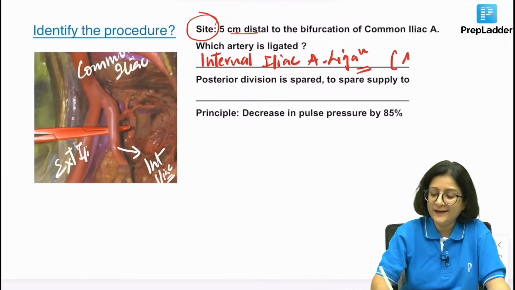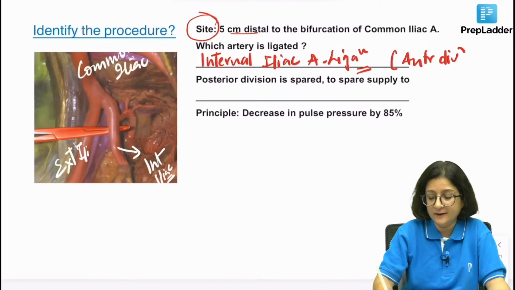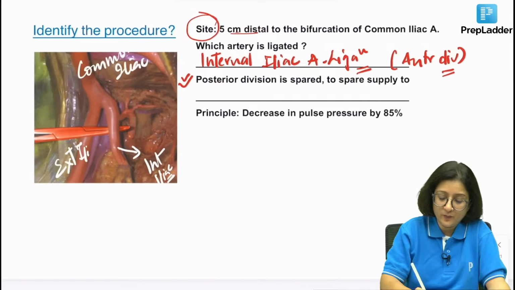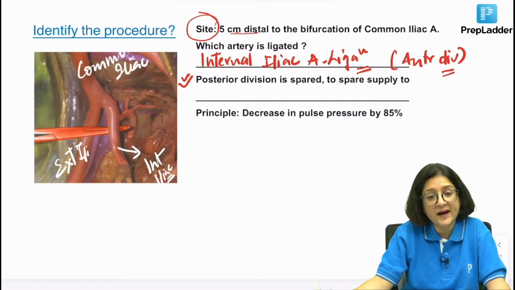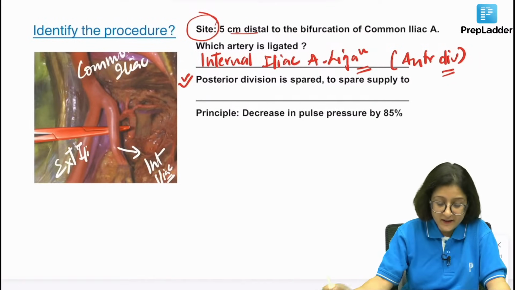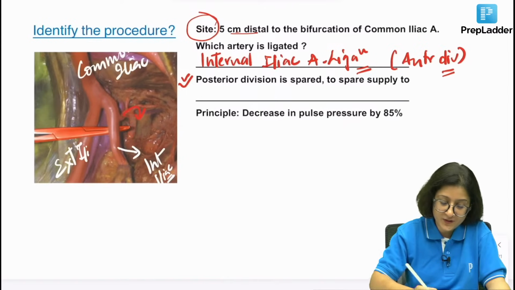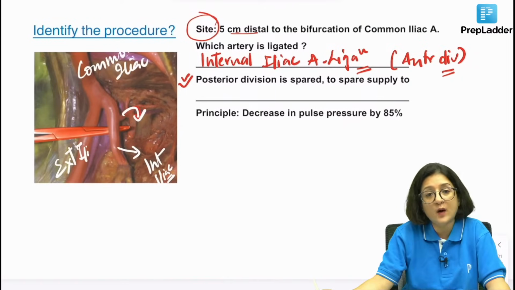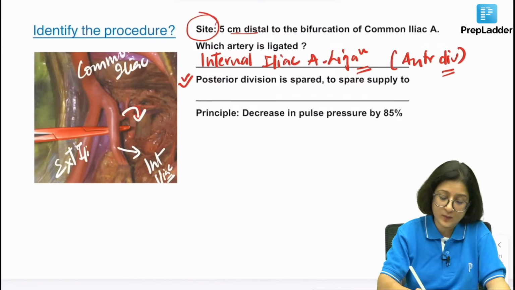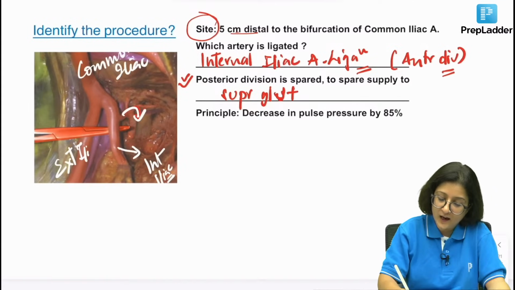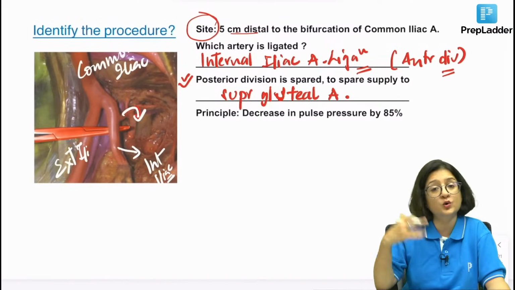And we want to ligate the anterior division of the internal iliac artery, right? Important pointer: the posterior division is spared. Why? Because it will give a terminal branch, the superior gluteal artery, to the buttocks, right?